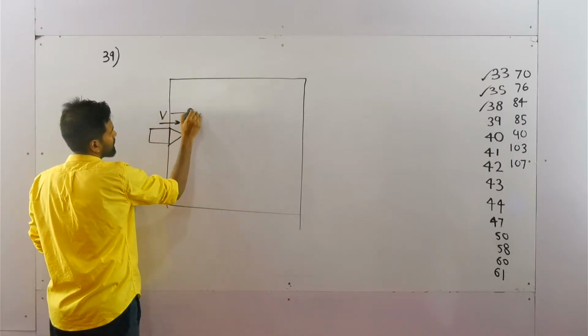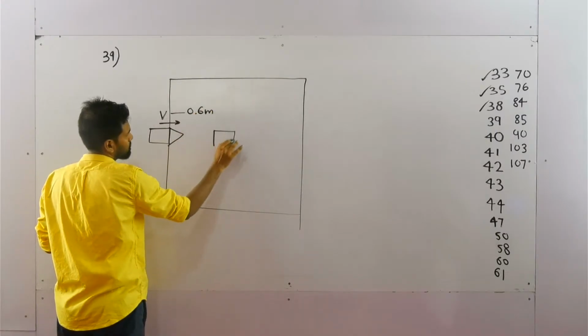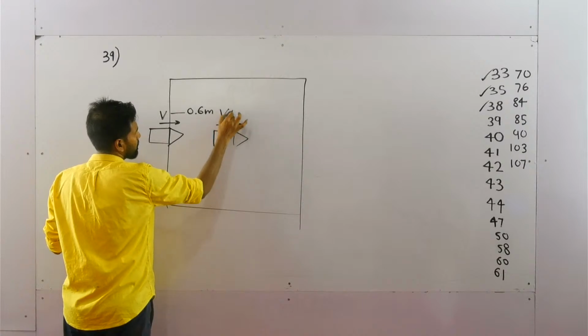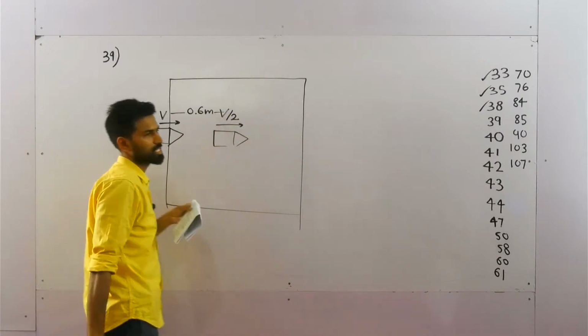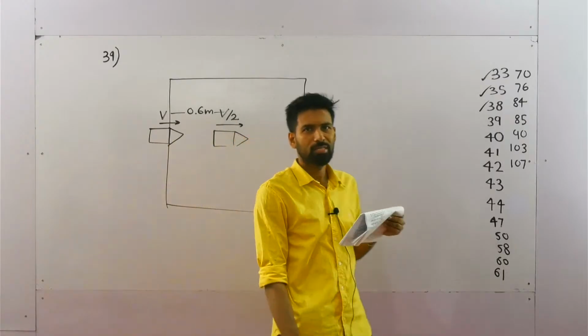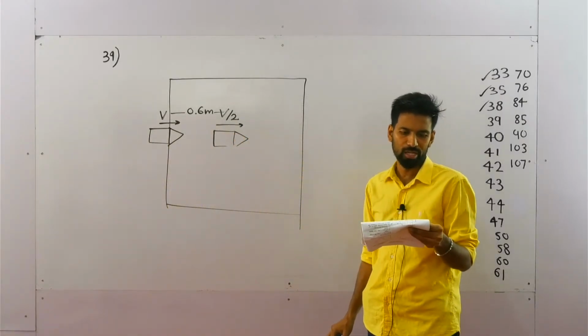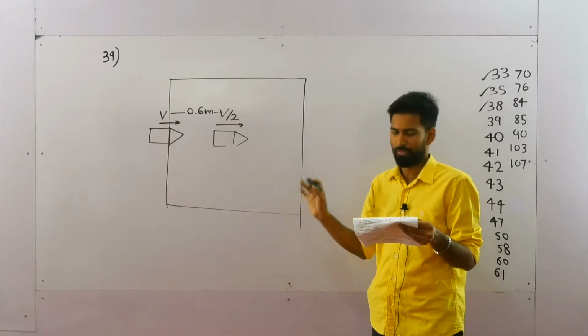After 0.6 meters, it has lost half of its velocity, so it now has a velocity of v over 2.